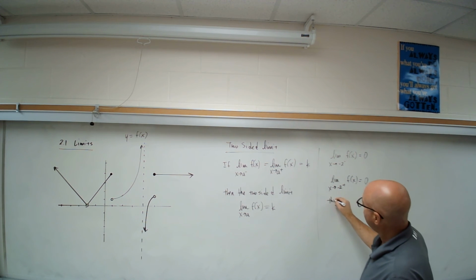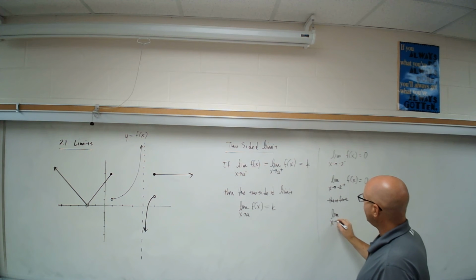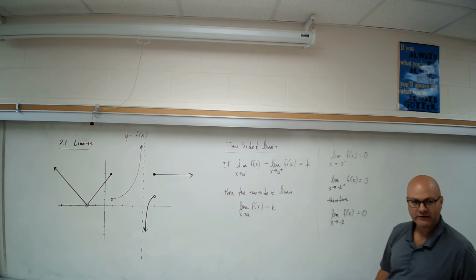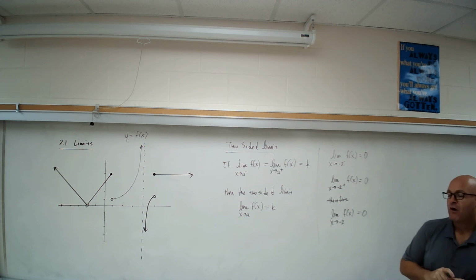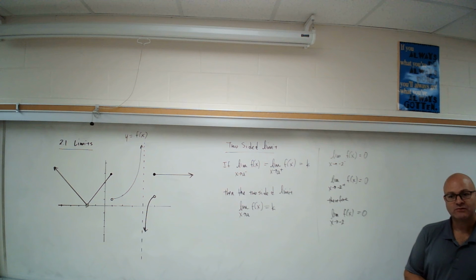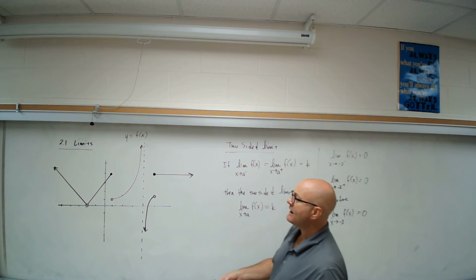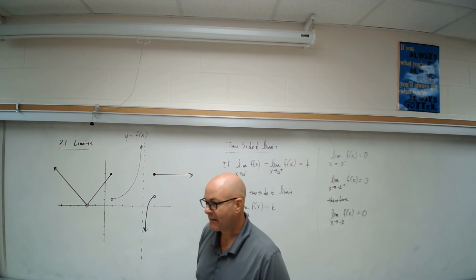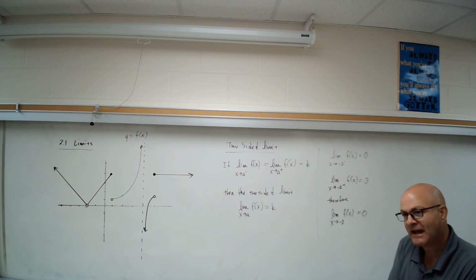So therefore, the limit as x approaches -2 of f of x is equal to 0. If both the left and right-hand limit match, then you do have a two-sided limit. Even though here it's actually undefined at 2, there's still a limit. The limit is just as you approach that point.